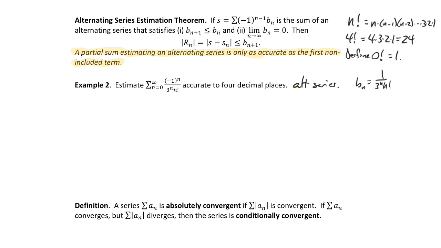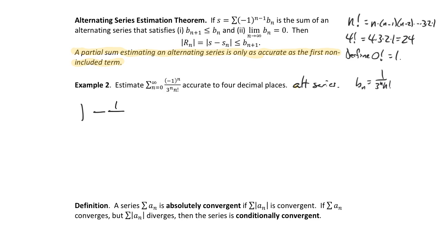So when n is 0, I have negative 1 to the 0th, which is positive 1. 3 to the 0th is 1, and 0 factorial is 1. So we're just going to end up with positive 1 for the very first term. Minus. Now when n is, okay, now I've jumped the gun. When n is equal to 1, negative 1 to the first is negative 1. That's where the minus comes from. And the numerator will be 1.